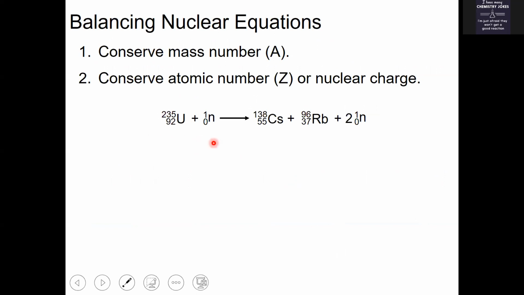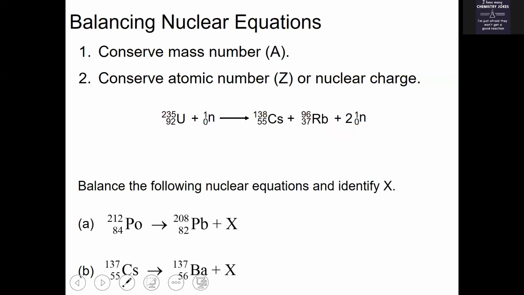So the bottom numbers on the left-hand side, on the reactant side, must sum to the same thing that the bottom numbers on the right-hand side, the product numbers, do. Same thing for the top numbers. So on the reactant side, my sum is 92. On the product side, my sum is 92. On the reactant side, my sum of mass is 236. On the product side, my sum of mass must be 236.